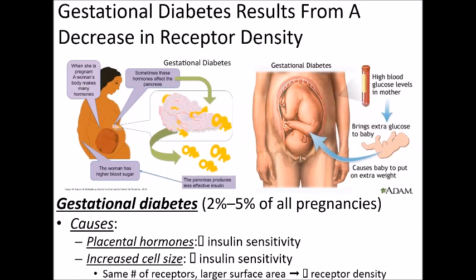Again, the two major causes are placental hormones, which are supposed to decrease insulin sensitivity, and increased cell size, which also decreases insulin sensitivity, because we have the same number of receptors for insulin, but there's a larger area because the cells are larger, so the receptor density is decreased.